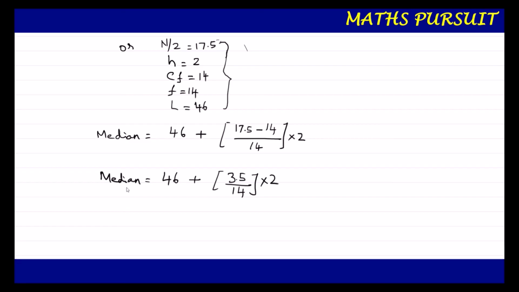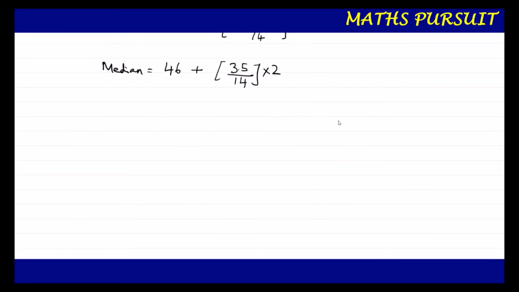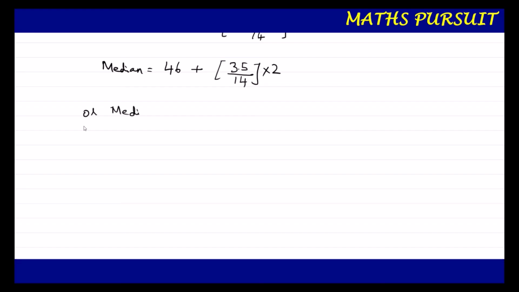Or I can write median is equal to 46 plus 3.5 into 2 upon 14, or median is equal to 46 plus 3.5 into 2 is 7, upon 14.